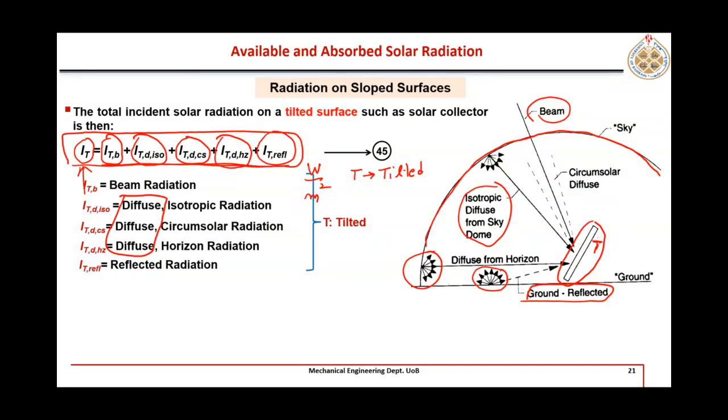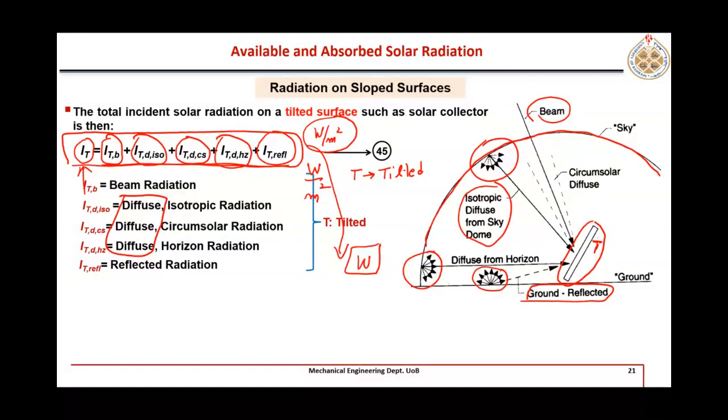Now, if we include the area of the solar collector, then we can rewrite this equation in terms of watts. This one is watts per meter square.